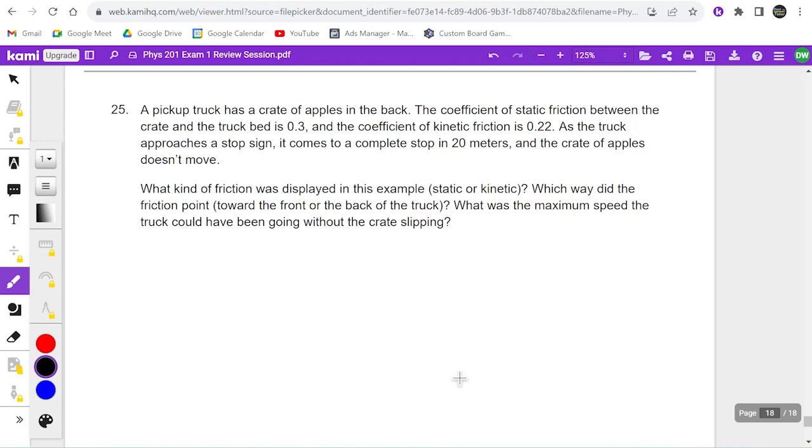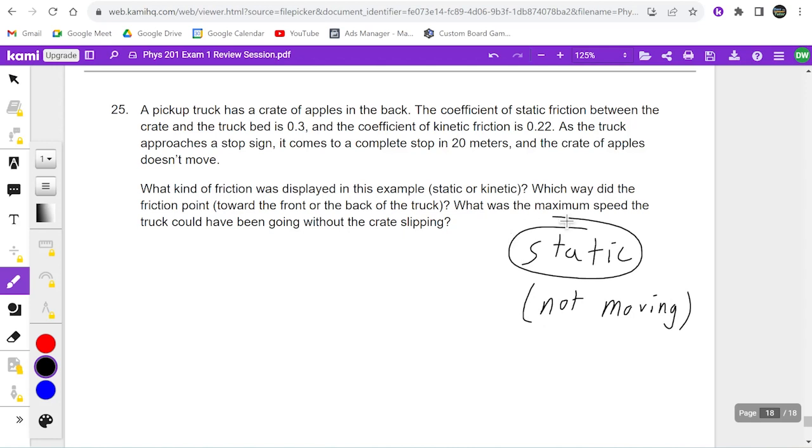First, is it static or kinetic? Definitely static, it's not moving. And by that, I mean the crate of apples is not moving. Obviously you can say there was friction between the truck and the road, but we're really not focusing on that. We're talking about the crate of apples in the back, and that's not moving. For the next question, which way did the friction point?